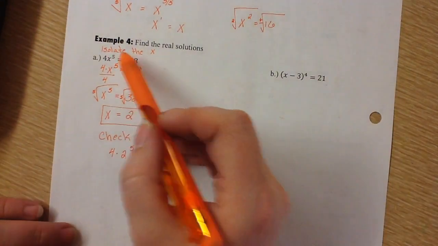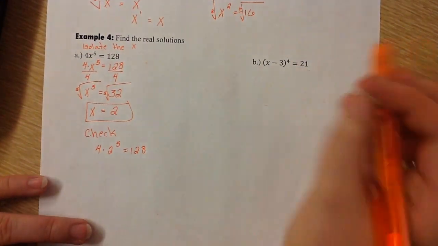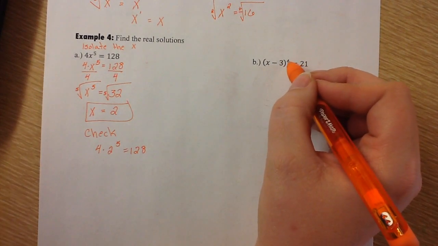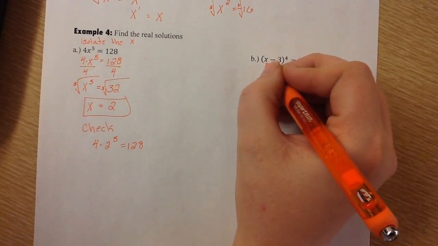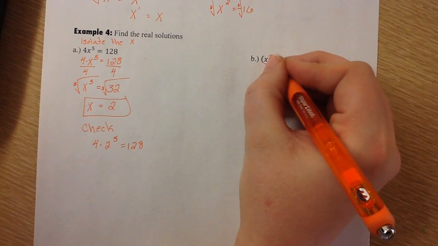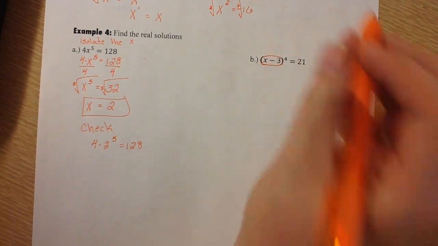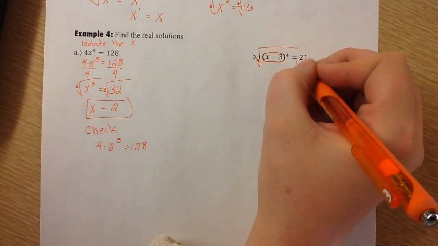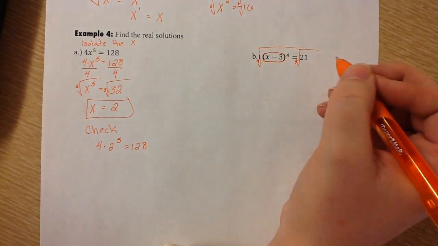Here for example 4 part B, I can't isolate this x because it's inside an exponent. This whole thing is to the 4th power, so I can just 4th root both sides.